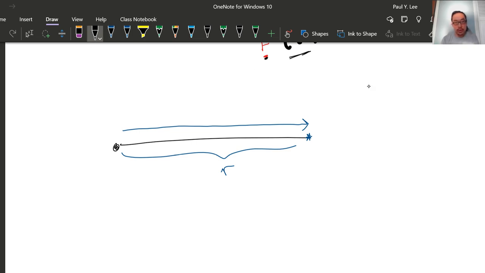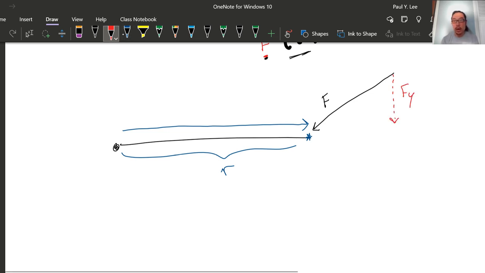And the force that we're exerting is off at an angle, like so. The important thing we're looking at here is the idea of X forces and Y forces. If I were to break this force down into its X and Y components, remember the direction does matter. So this is F of Y going down, and here we have F of X going in.